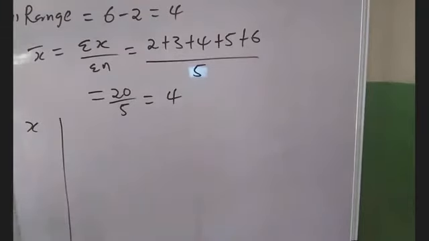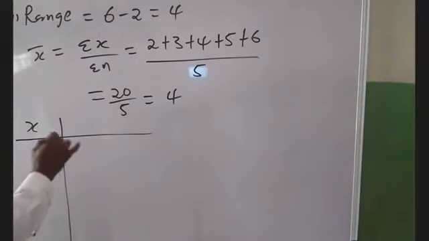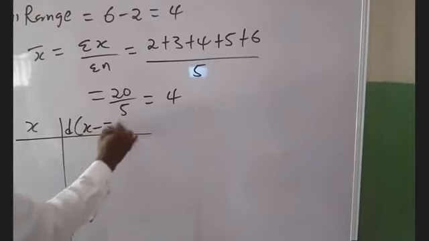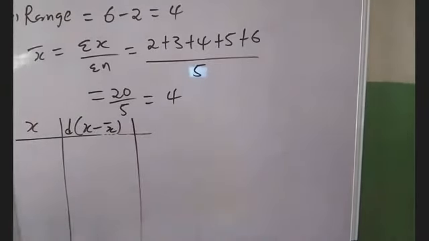Now to get the deviation, these are the numbers x. Deviation is x minus x bar. We have 2, 3, 4, 5, 6.